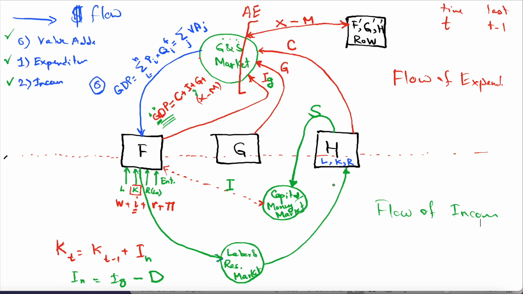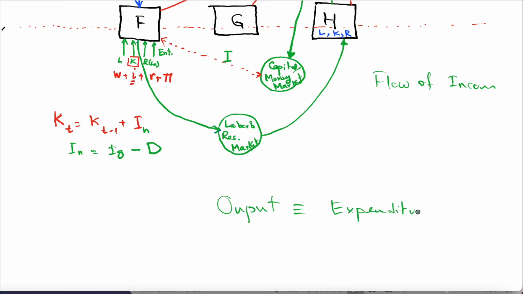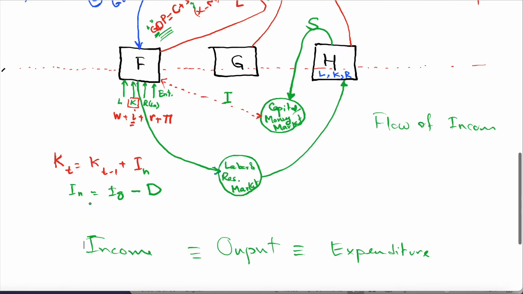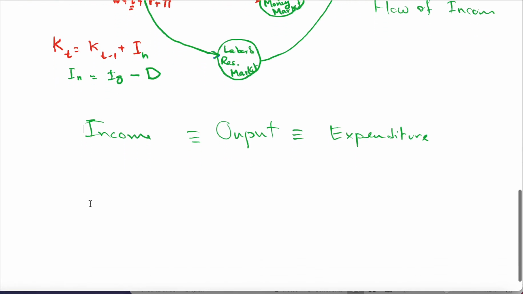And these are theoretically identical, as I said, the output is always equal to expenditure, and is equal to the income made by citizens of a country or in interaction with the rest of the world as well.